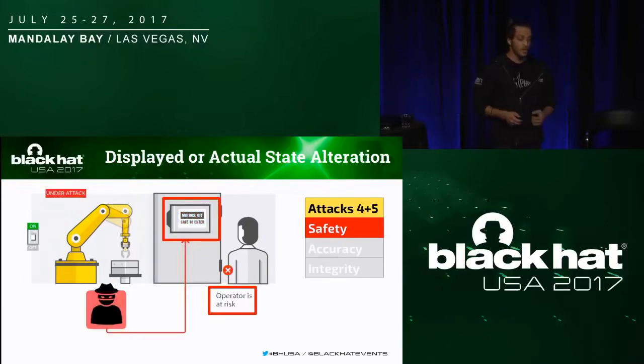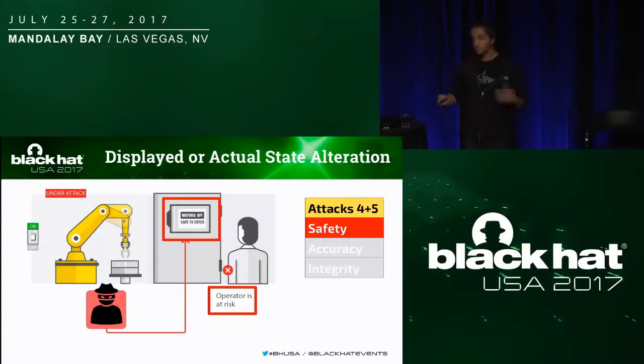If the attacker has compromised the robot, we have seen that sometimes he can change the state of the robot, or at least he is always able to change the information that is displayed to the user. So in this case, the user will read, motors are off, free to go. Instead, he will be at risk.